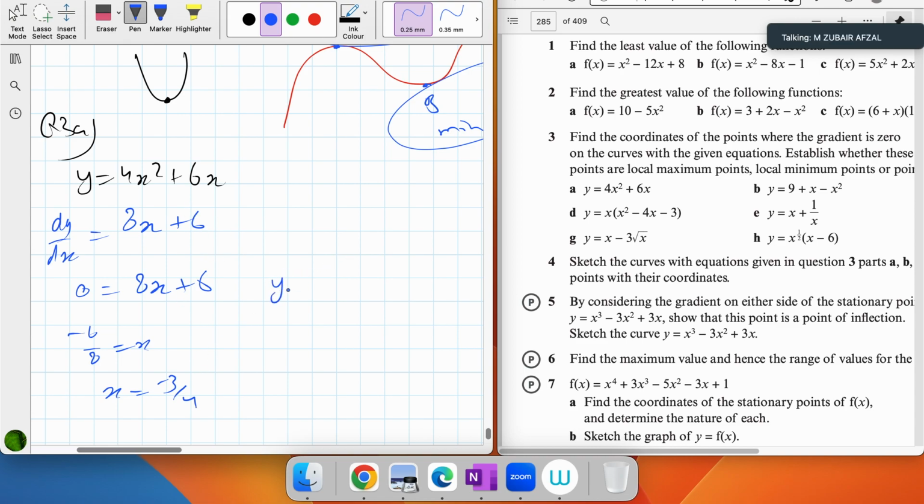So we know x, we can find y. 4x squared plus 6x is 4 into minus 3 by 4 squared plus 6 into minus 3 by 4. And let me reach out for the calculator.